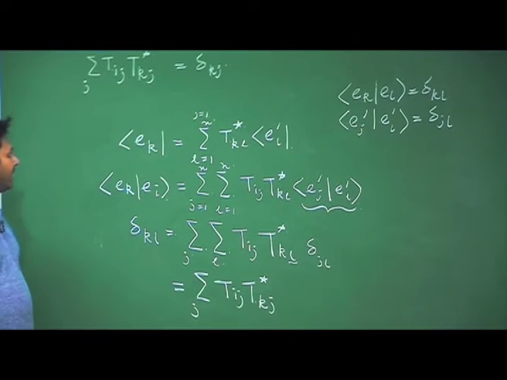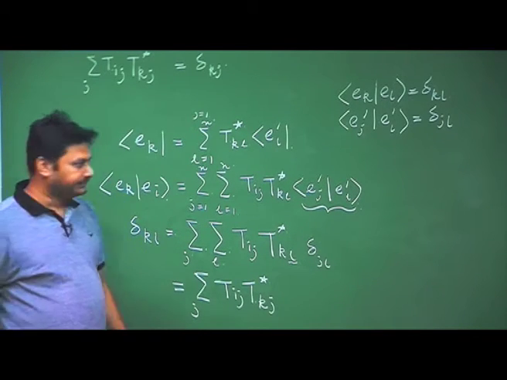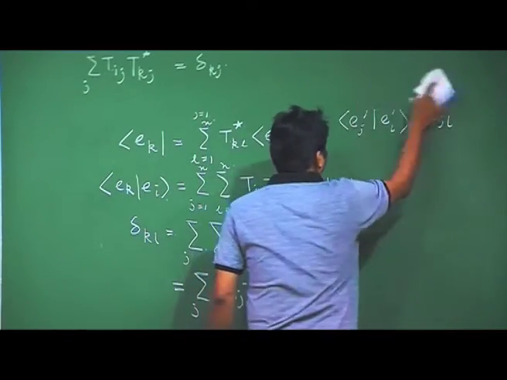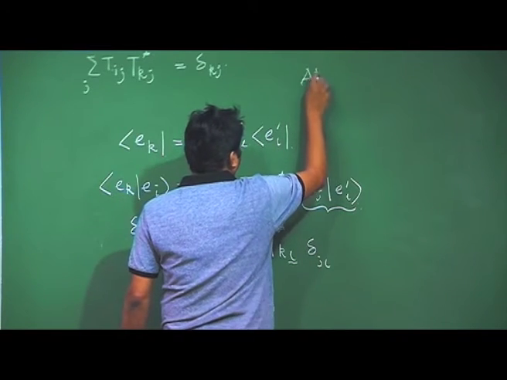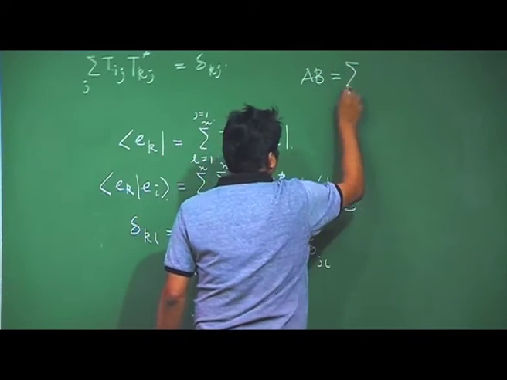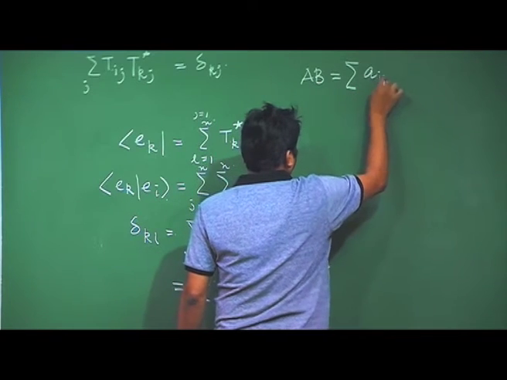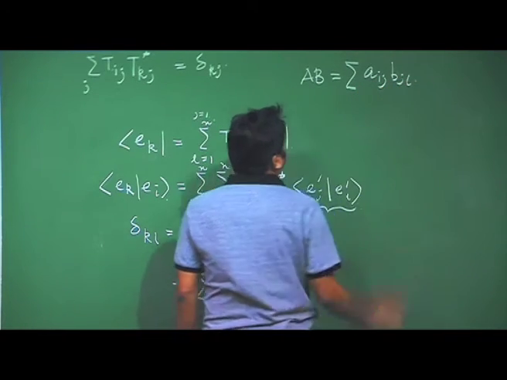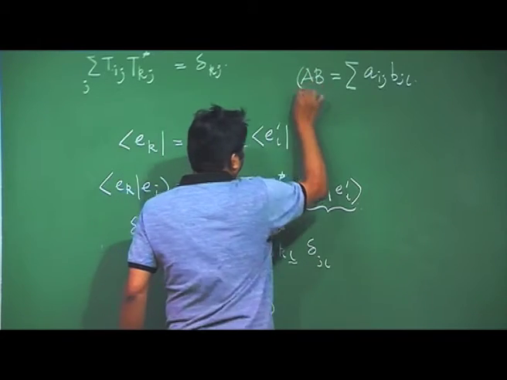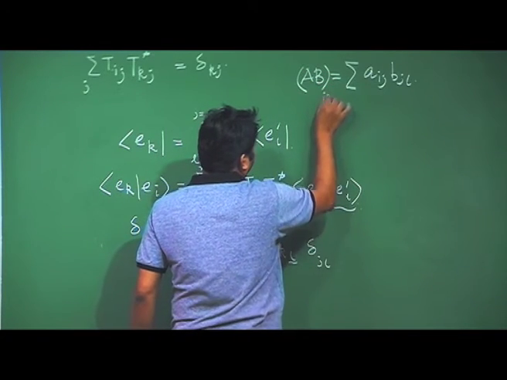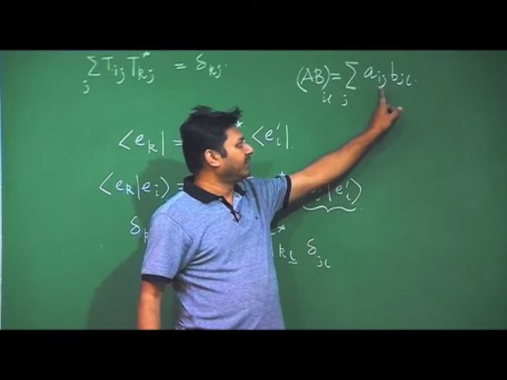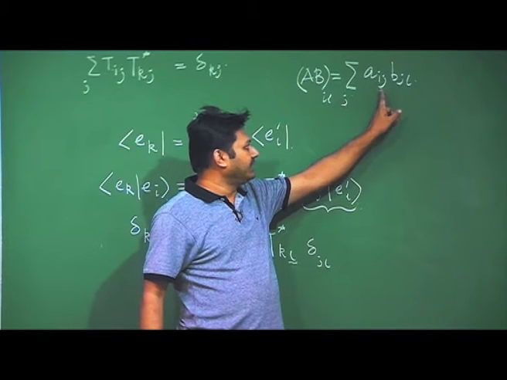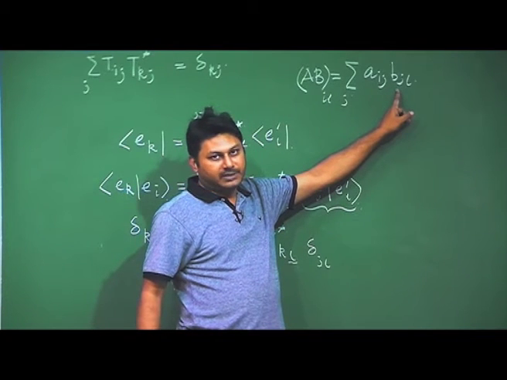A few classes back I already mentioned that when two matrices, say A and B, are multiplied, let me remind you once again, the component should be represented as the (AB)_il component, where the j should be put side by side so that a valid matrix multiplication can be done.